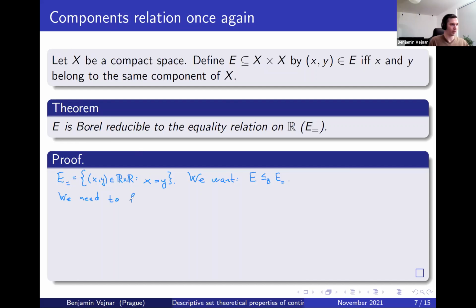So we need to find f going from X to R, which is Borel measurable, and it has the property that two points x and y in X lie in the same component of X if and only if the images f(x) and f(y) are equal, right?